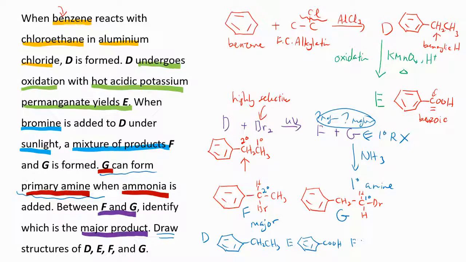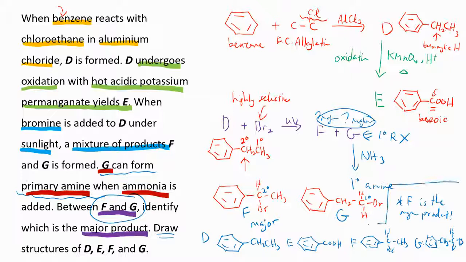Then F would be the major product, CHBr CH3, and then G will be the primary haloalkane. And don't forget that the question asks between F and G, which one is the major product? So you must say again, F is the major product.